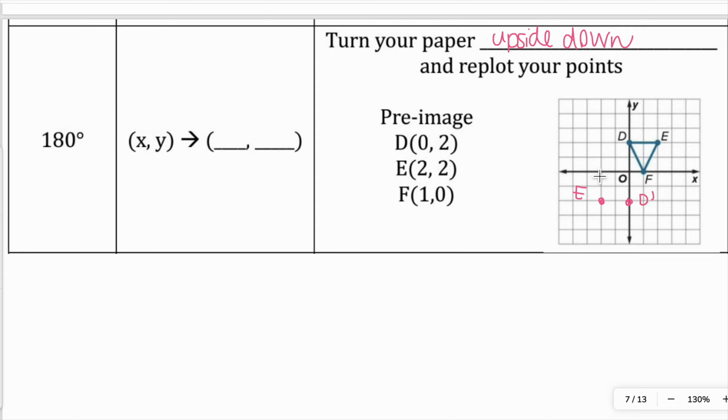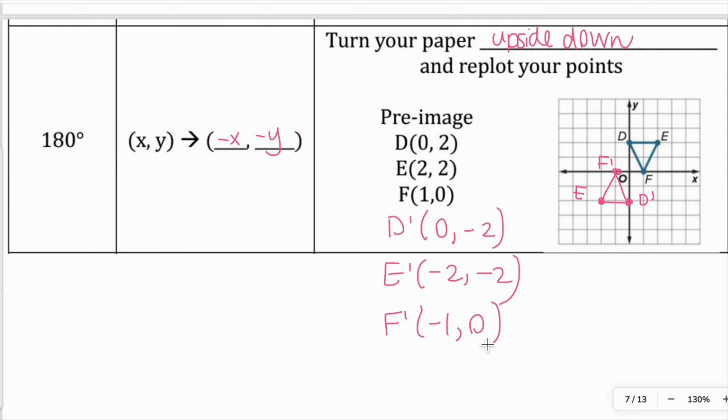Actually, I did that one wrong. Nope, did that one right. And then F prime would be 1, 0, so to the right 1 and remain the same. Okay, that rule, we're going to see that both of our x and our y will change to their opposites. So D prime is now 0, -2. E prime is at -2, -2, and F prime is at -1, 0.